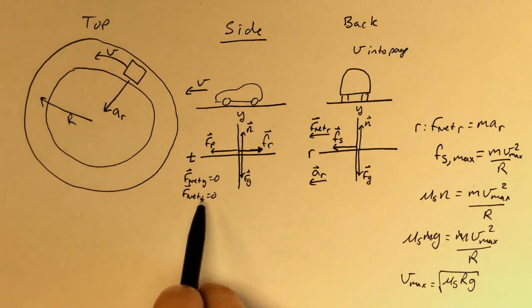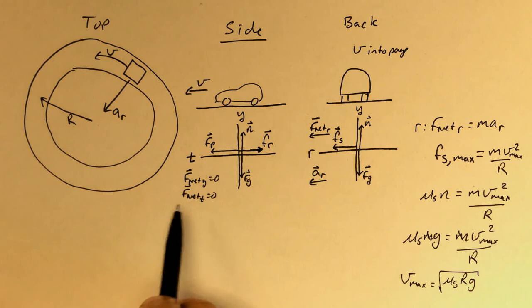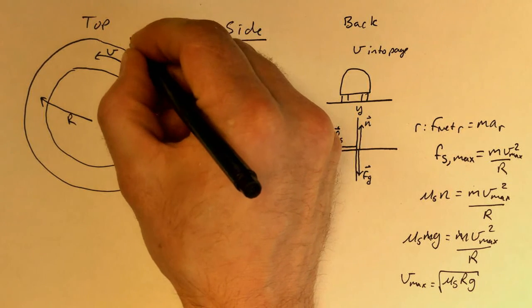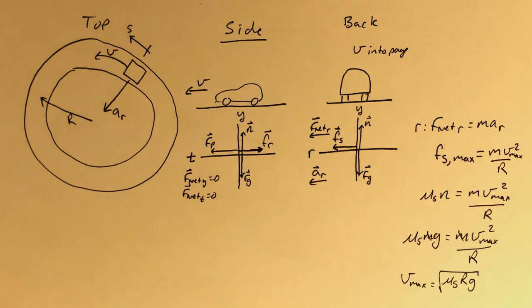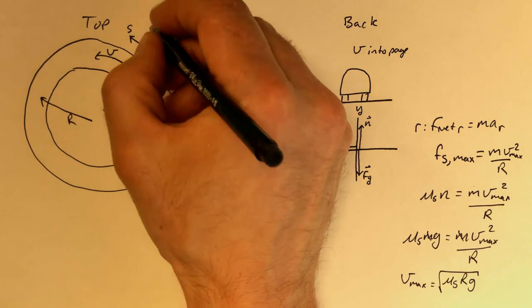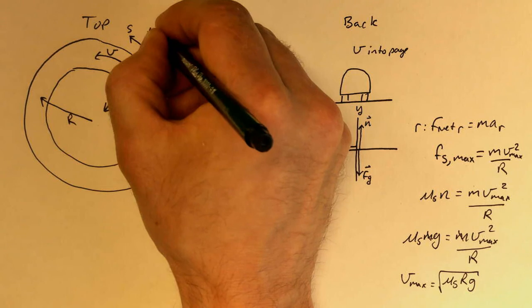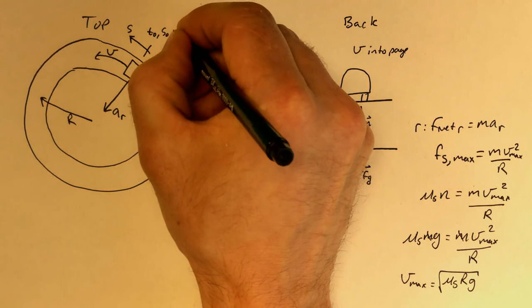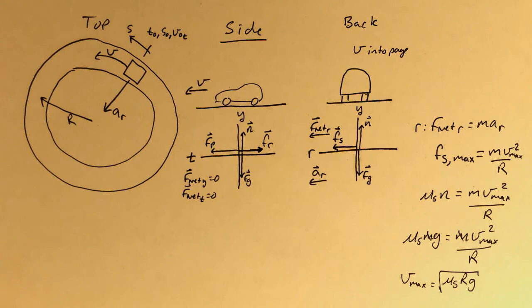Okay, now I'm going to ask a different question. In that one, we assumed that the tangential acceleration was zero. It's moving at constant speed. But what if it wasn't? What if I ask a question like this? A car starts from rest. We'll say t0, s0, and v0t.